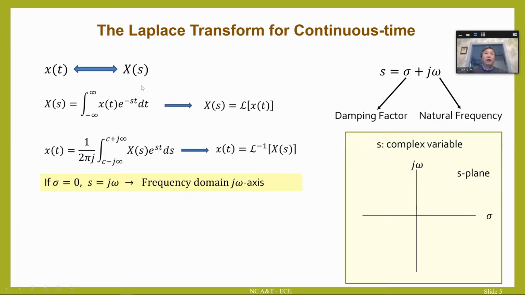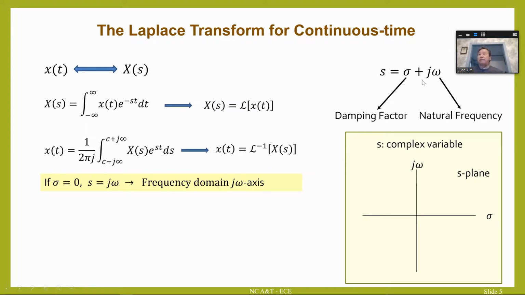This is the old one, the Laplace transform. As you know, it takes the t domain, the time domain, continuous-time signal, where t is the continuous variable, and changes it to the s domain. That's the Laplace transform, as a pair. And what is s? s is sigma plus j omega.